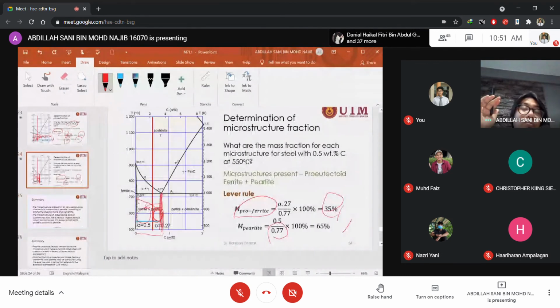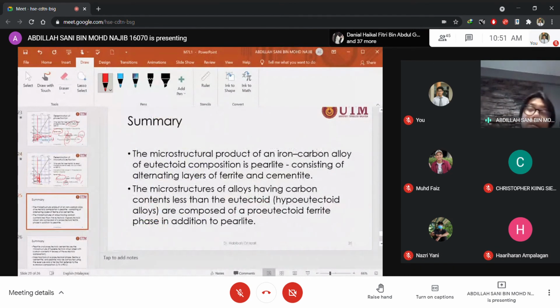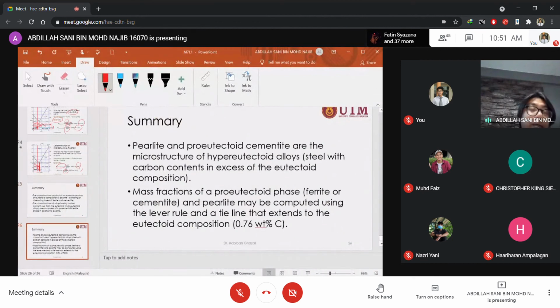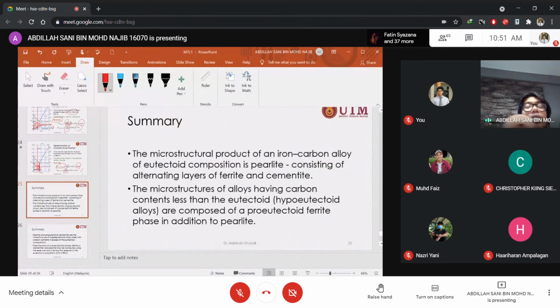So the summary. I think the time has been very tight, so just in short, you can read the summary. We have this iron carbon alloy. There is a eutectoid composition, and it produces perlite, which is the alternating layers of ferrite and cementite.